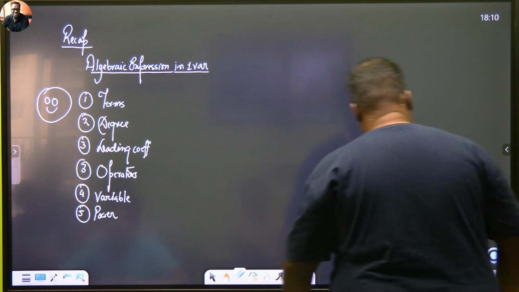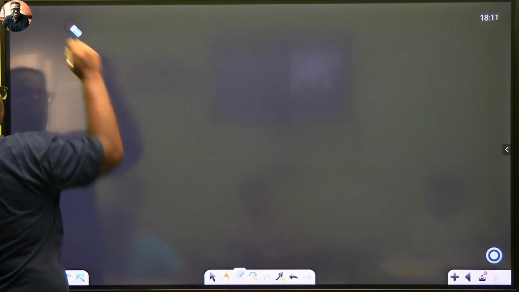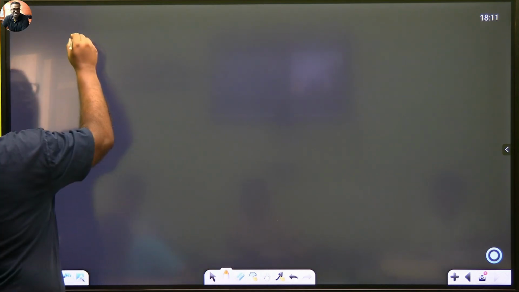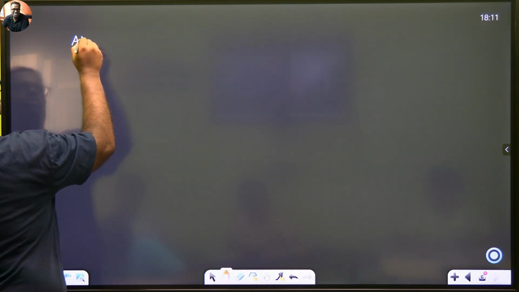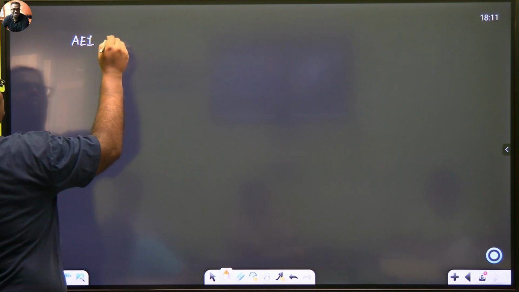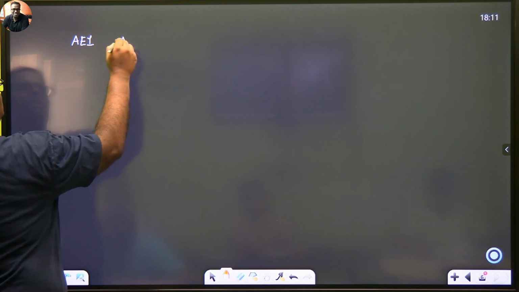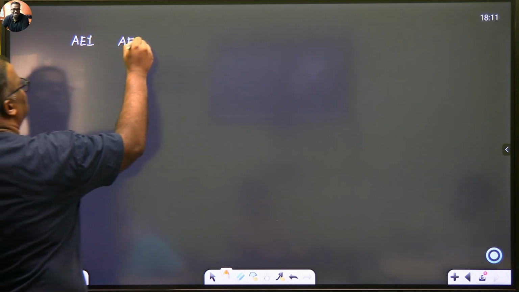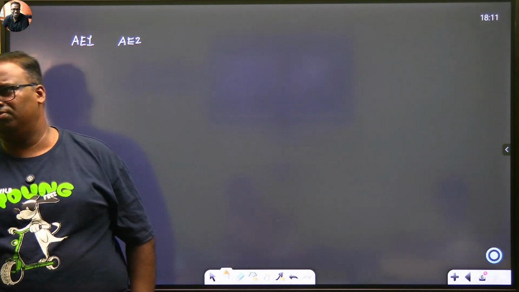Okay. Right. So the type of problems that we will be doing in grade 8 are, we will be having algebraic expressions. So I'm putting the generic format, what we will do in grade 8. We can have one algebraic expression AE1, another algebraic expression AE2. AE1 can be something like 5x plus 2 or something, right?